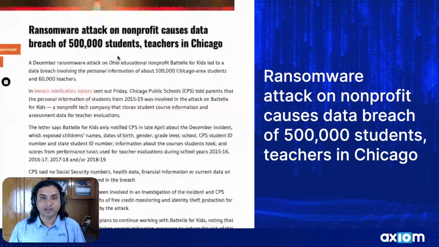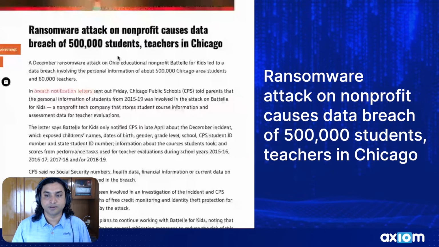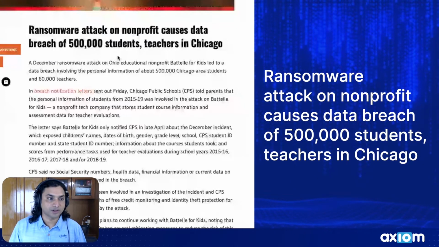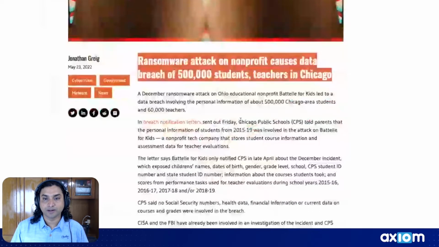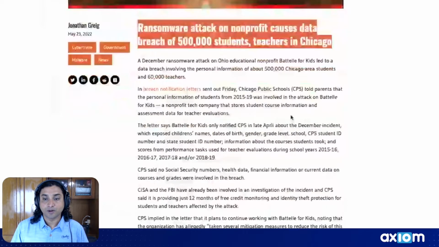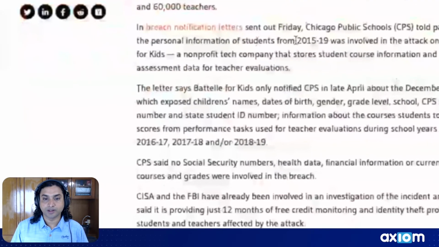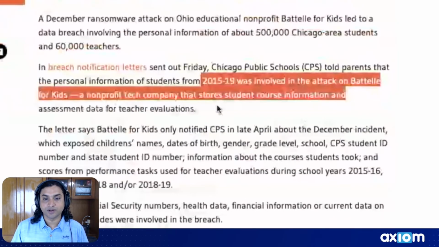Then we have a ransomware attack that happened on a non-profit organization. We generally think we are a small company, we are a non-profit organization, and hence no one will come after us. But a ransomware attack happened on Chicago Public School, and there was downtime, and most importantly, students' information from 2015 to 19 was lost.